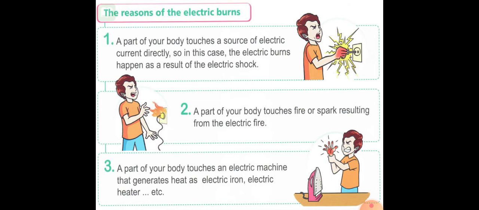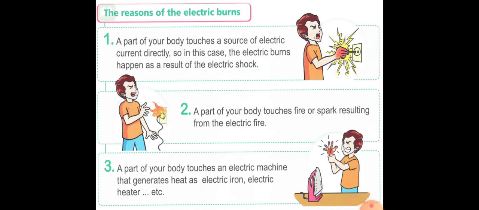Okay, what are the reasons of the electric burns? Number 1, if a part of your body touches a source of electric current directly, in this case the electric burns happen as a result of the electric shock. So electric shock may cause an electric burn.